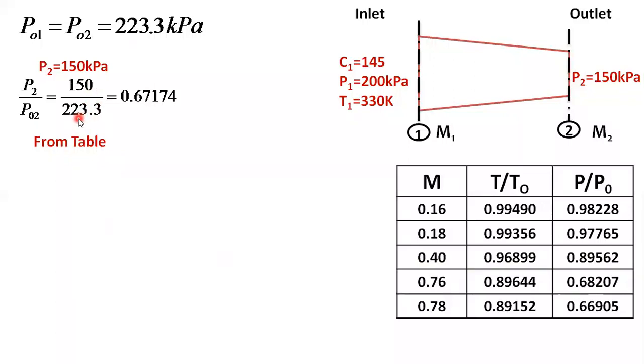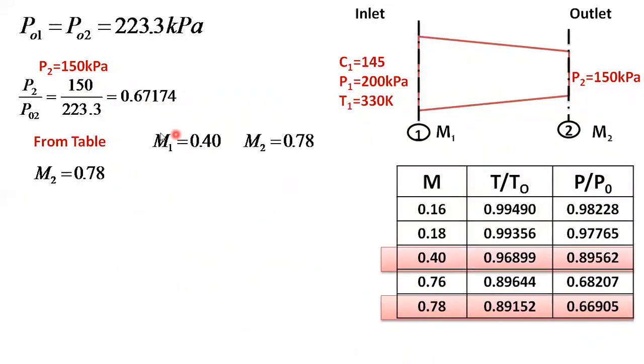So 150 by 223 turns out to be 0.671. Now we go back to the property table and find 0.67. Here we have 0.669, so we can take this value. Corresponding to this value we have Mach number 0.78. So it will be your Mach number M2 at the exit.